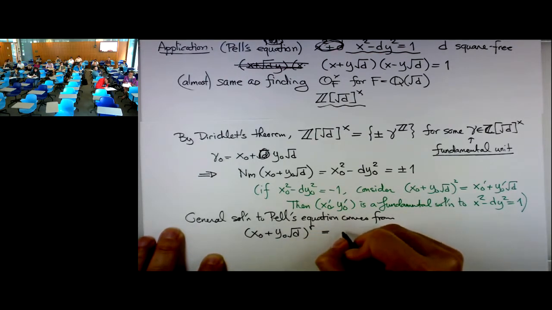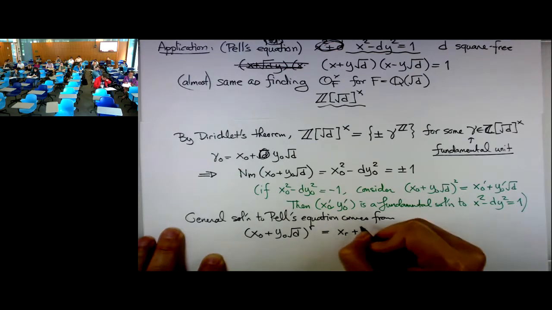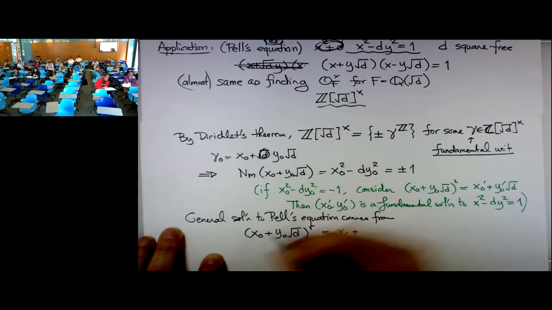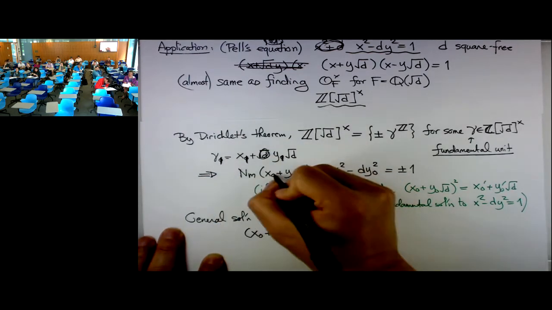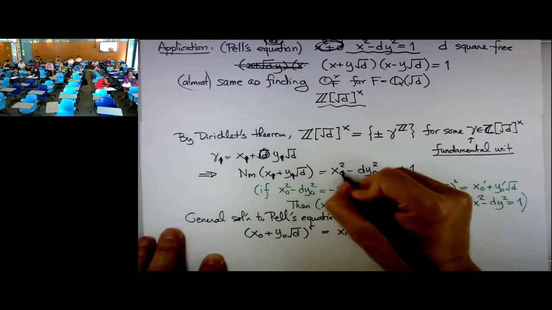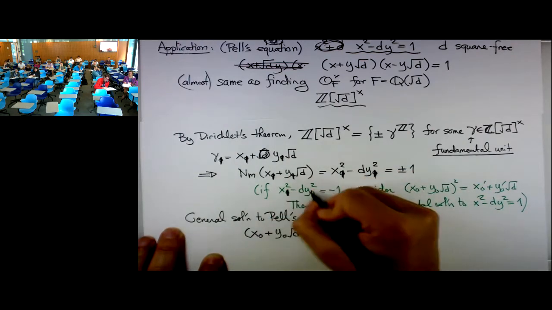And I basically write it as x_r plus y_r root of d. I should call it x1. I should start calling it x1. Sorry, too late to go change it.